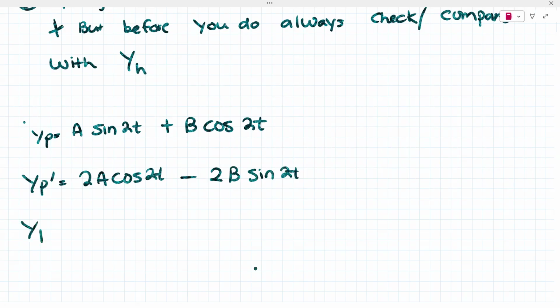And my yp double prime is negative 4a sine 2t minus 4b cosine 2t.